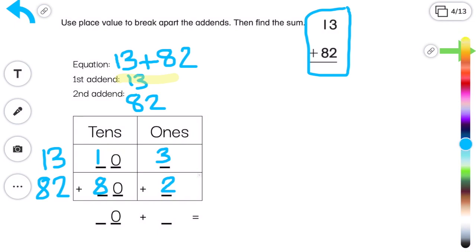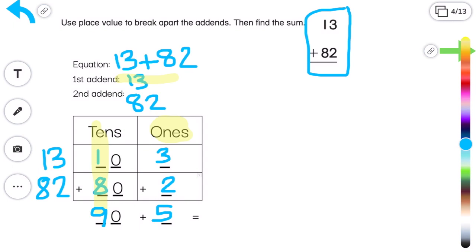Now, let's add our numbers together. Let's start with our ones. Let's add these together first. 3 plus 2 is equal to 5. Now let's add our tens. We're really adding 1 and 8, but we need to remember that there's a 0 at the end. 1 plus 8 is the same as 9.